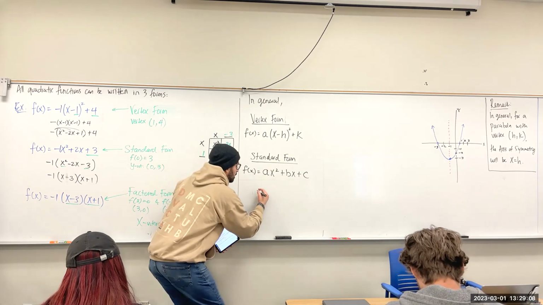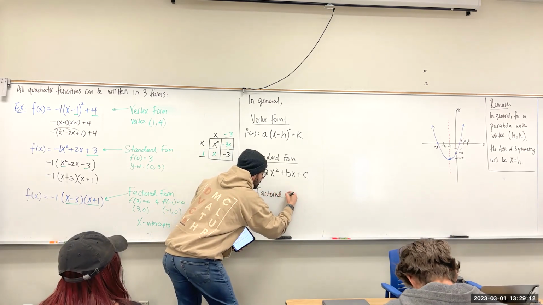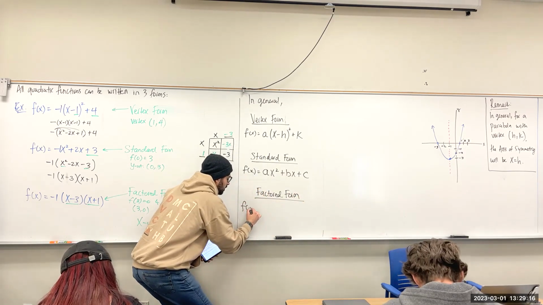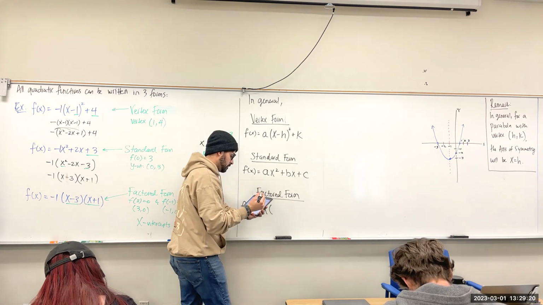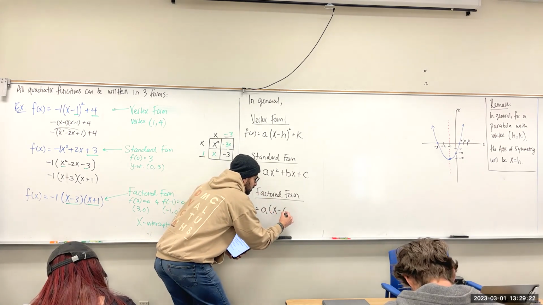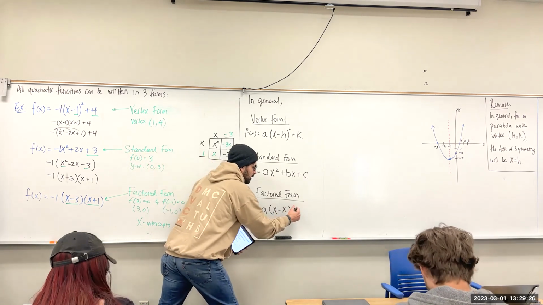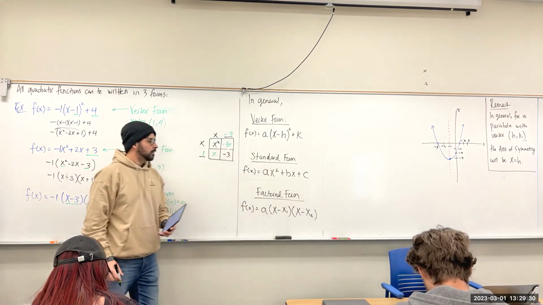And then in factor form, it'll be f of x equals a times x minus the first x-intercept coordinate, we'll call that x1, and then x minus the second coordinate.